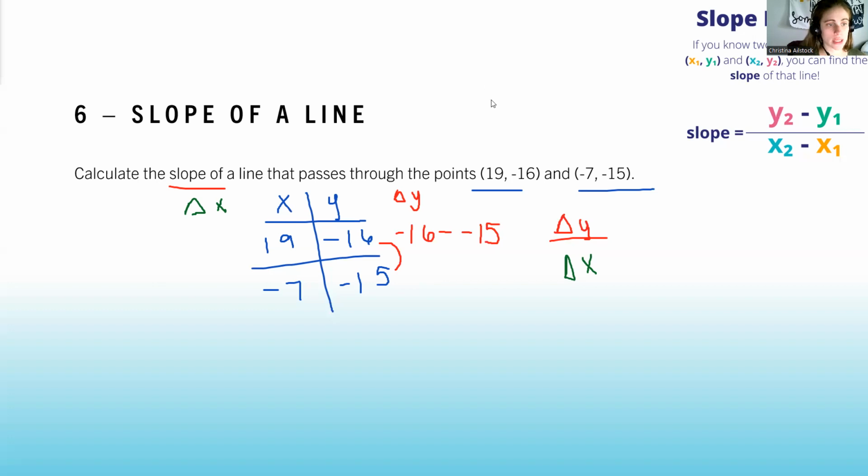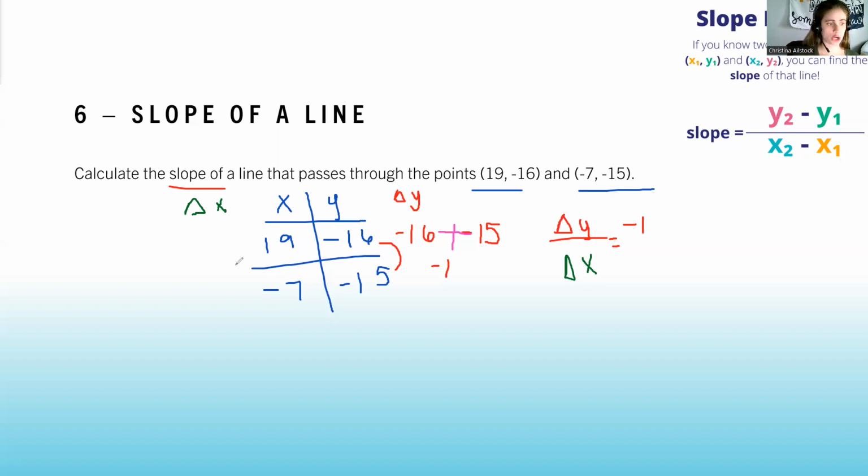First thing I notice, I hope you guys caught this too, is we have this minus a negative. Remember, whenever we have minus a negative, they cancel each other out and it really becomes a plus sign. So negative 16 plus 15 would be negative 1. And if we look at that, it kind of makes sense. If we picture a number line in our head, if we're going from negative 16 to negative 15, that's only changing by one space.